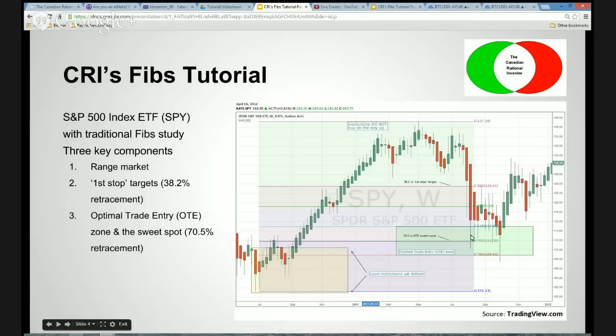You can see how price came into the OTE zone. So if you had your open order sitting down here at the sweet spot, look how much heat you took on this trade. You took almost no heat whatsoever. Price quickly gyrated back up, tagged 38.2, and the market basically said, okay, am I bullish? Do I really want to be bullish? And it tested.